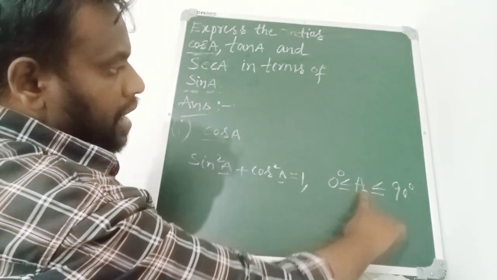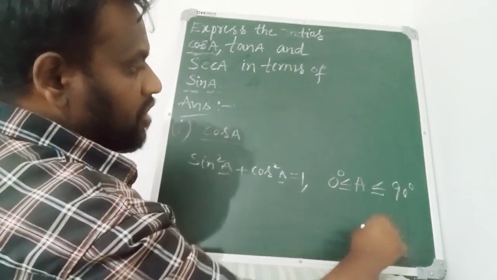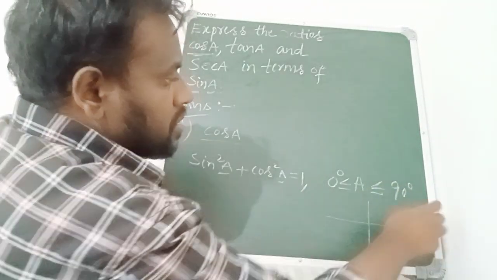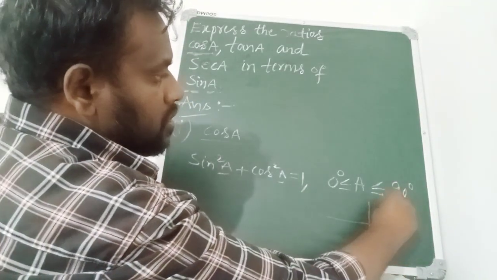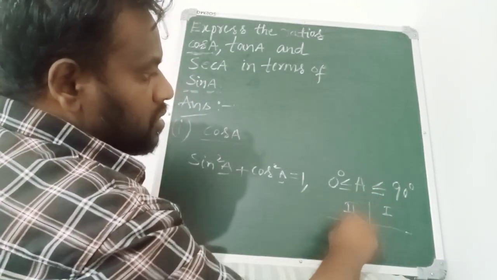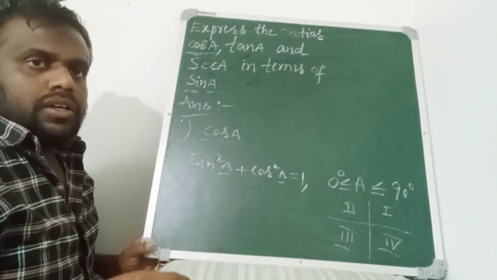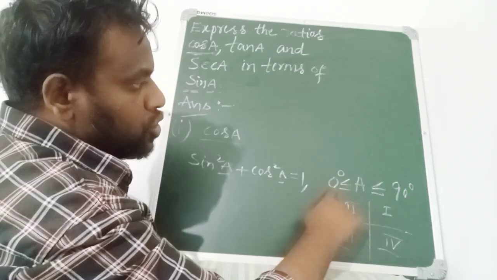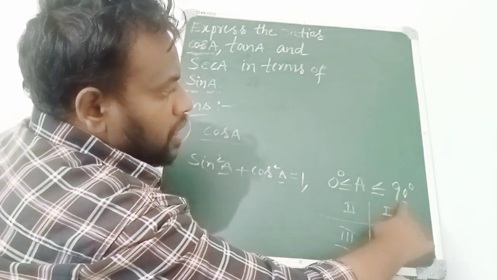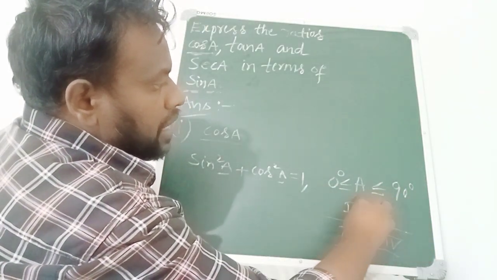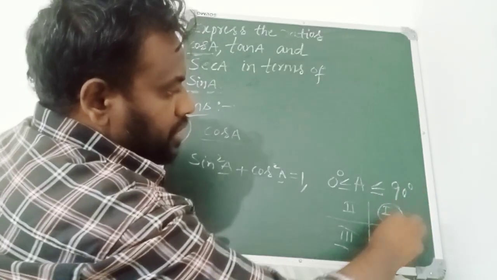Okay, see, when I say angle between 0 and 90 degree, if I write quadrants like this is first quadrant, this is second quadrant, this is third quadrant, this is fourth quadrant. So when the angle A is between 0 and 90 degree, then this angle lies in the first quadrant.